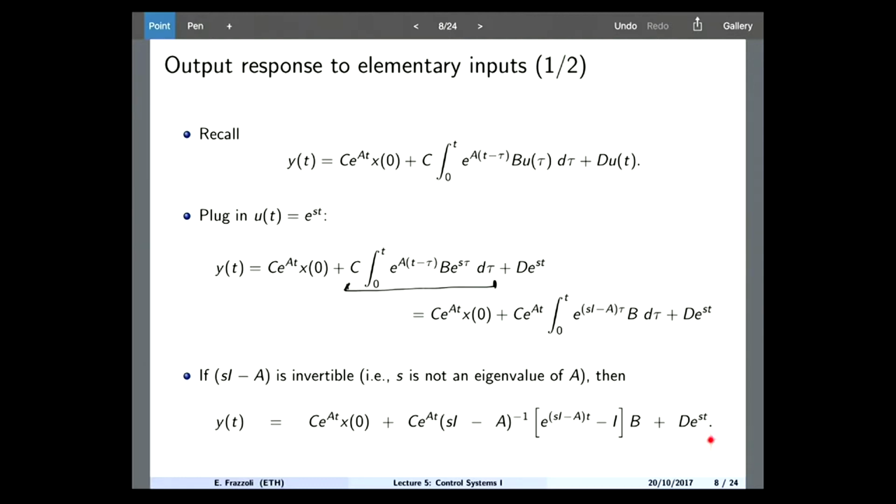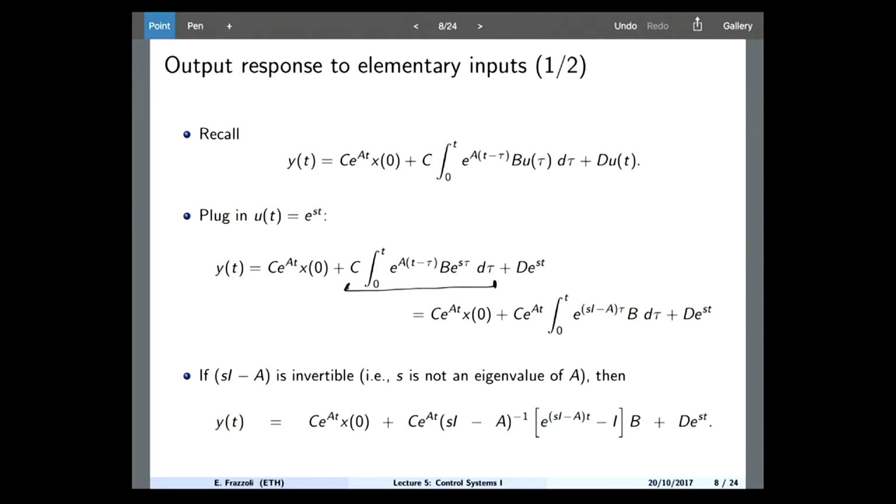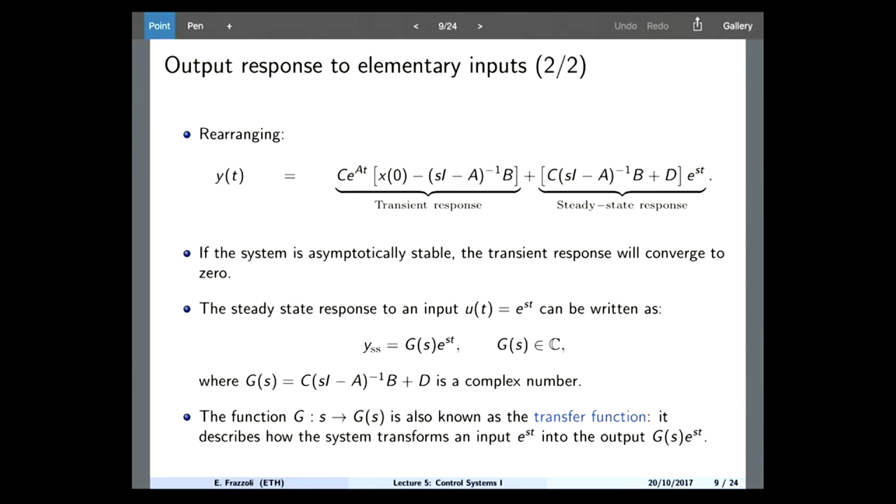Still looks complicated, so what we will do now is collect terms. What you will see is that there are a bunch of terms that depend on e to the power st and a bunch of terms that do not depend on e to the power st. This is how I write them down. This group here does not depend on e to the power st.